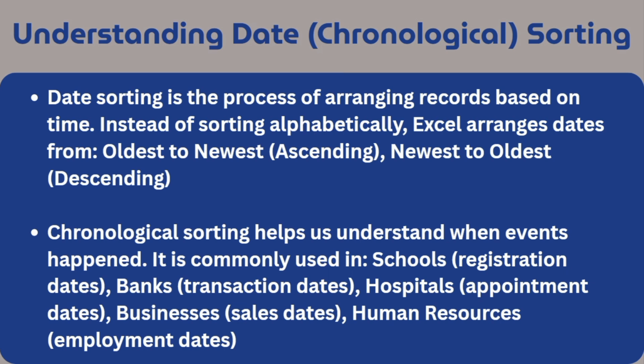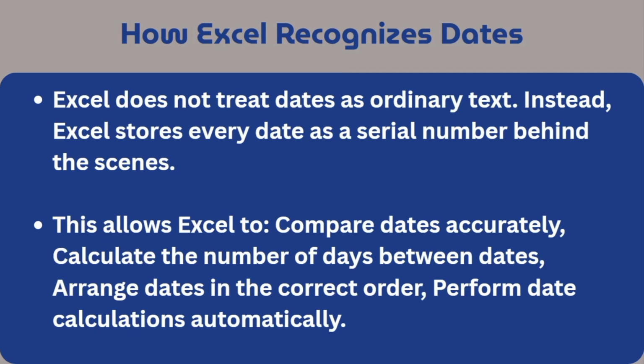Understanding dates, or chronological sorting. Date sorting is the process of arranging records based on time. Instead of sorting alphabetically, Excel arranges dates from oldest to newest or from newest to oldest. Chronological sorting helps us understand when events happened. It's commonly used in business, banks, hospitals, human resources, and so on. Excel does not treat dates as ordinary text.